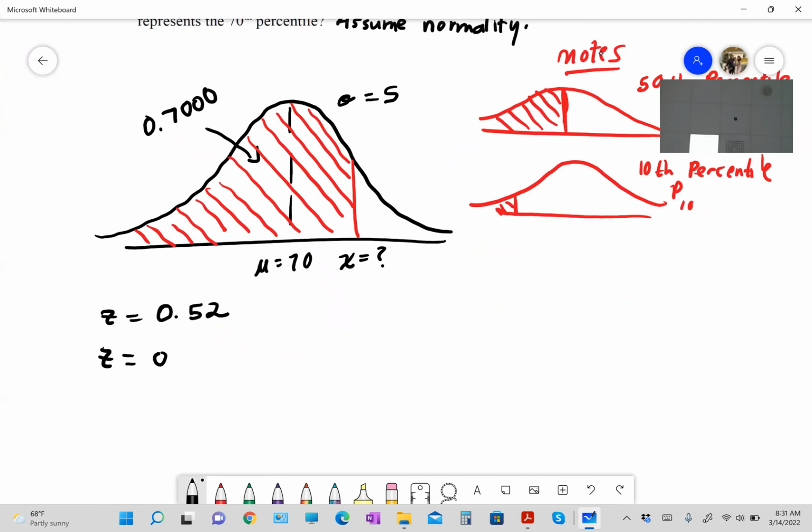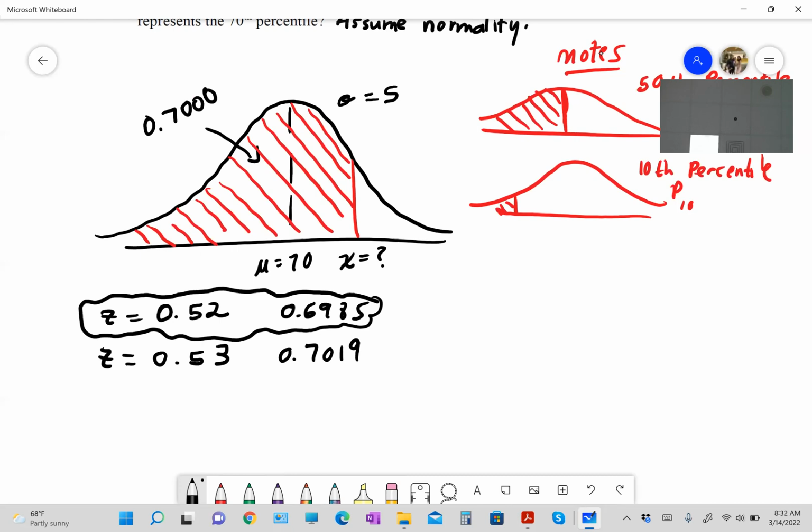With 0.52 it's 0.6985, and with 0.53 it's 0.7019. Which one is closer to 0.7? 0.52. So this one's closer.